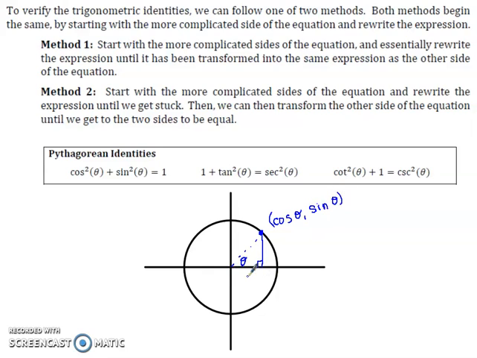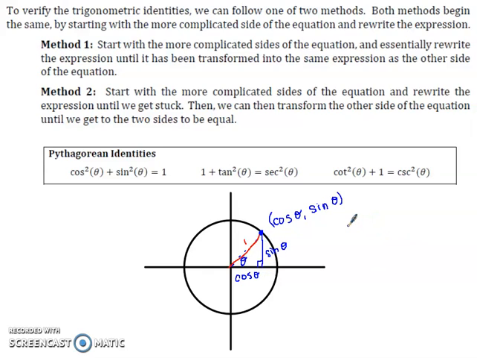So this horizontal distance is the cosine of theta, and the vertical distance is the sine of theta, giving us the coordinates of that point on our unit circle. Since in a unit circle our radius is 1, that's what makes it our unit circle, I can draw the hypotenuse of this right triangle to be 1.